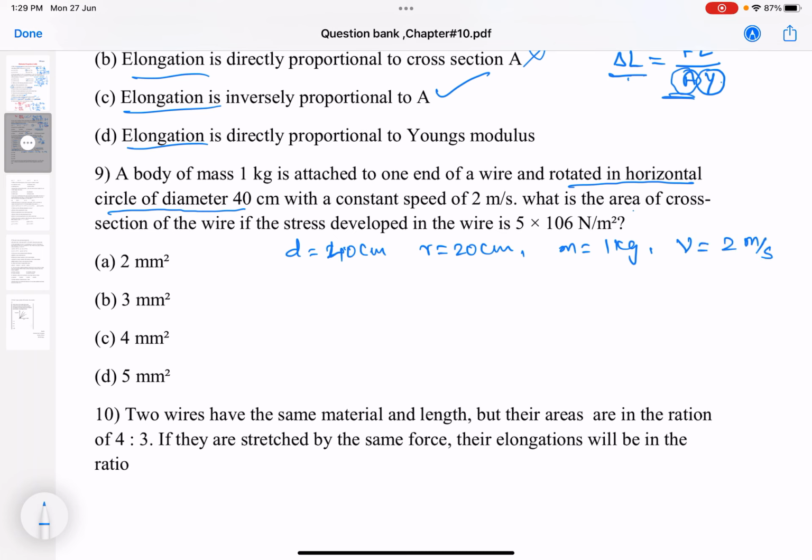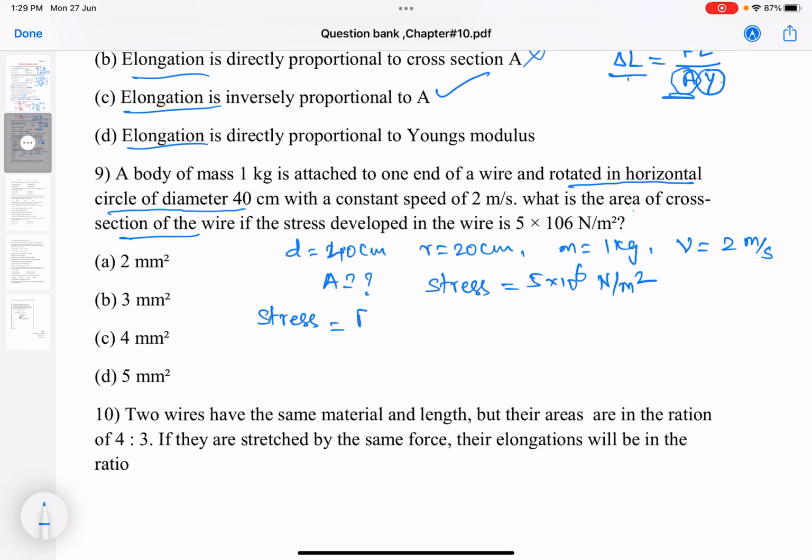What is the area of cross section of the wire if the stress developed in the wire is 5 into 10 to the power of 6 Newton per meter square? So here we know stress equals force per unit area. We know stress, we don't know force. Here we need to find out the area.